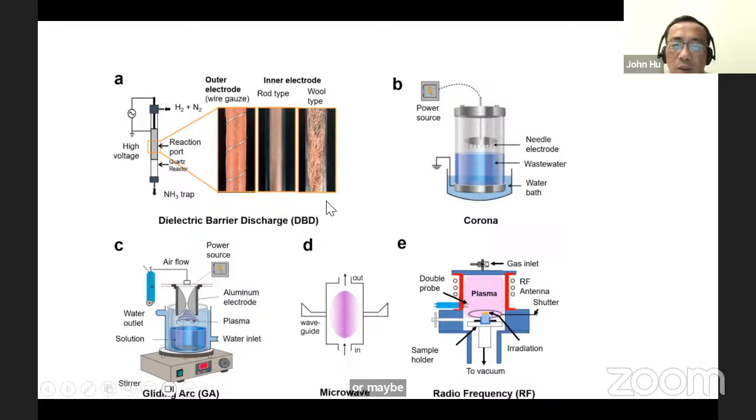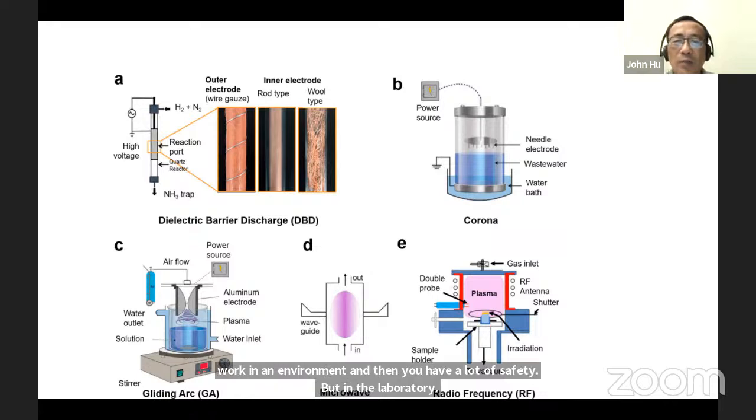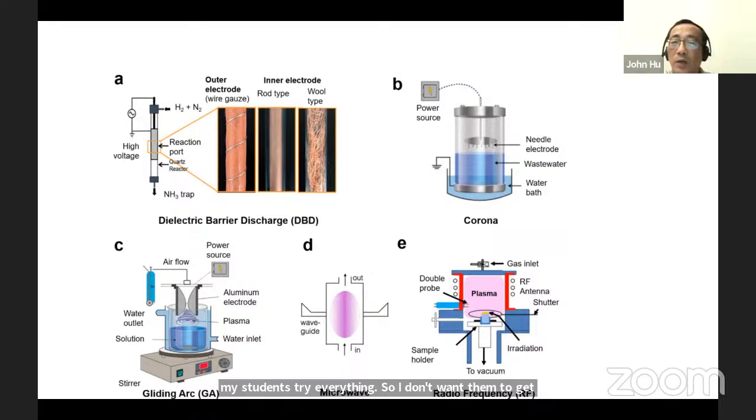Anytime with high voltage, you need to be careful, because in my laboratory, and I'm sure in your university, you have graduate students and postdocs. That's different from industry. Industry is pretty safe, because you work in a controlled environment with a lot of safety. But in the laboratory, my students try everything, so I don't want them to get a shock. So if you have high voltage, you've got to be careful.